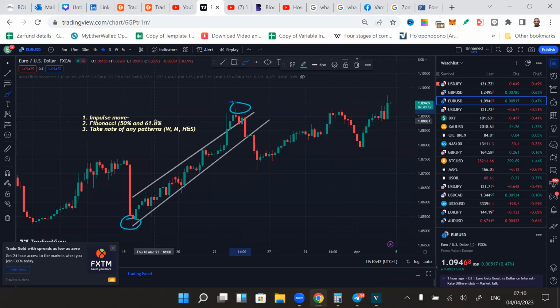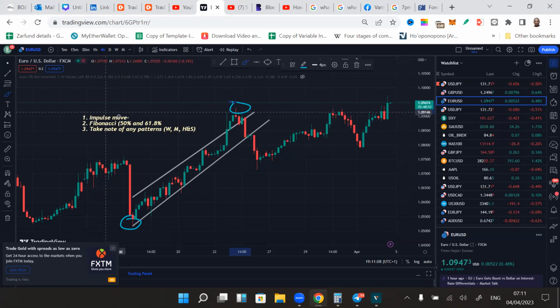The 50 is a resistance or a support. The 61.8 is another resistance or support. Fibonacci is a very reliable tool that can help you with your analysis, with your support and resistance.